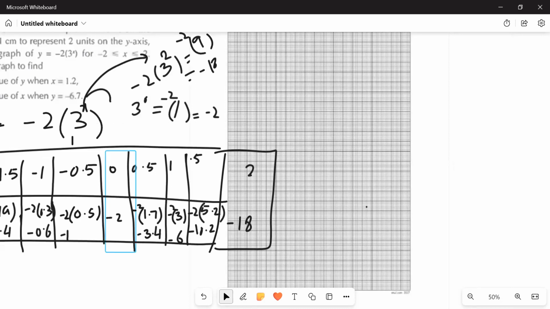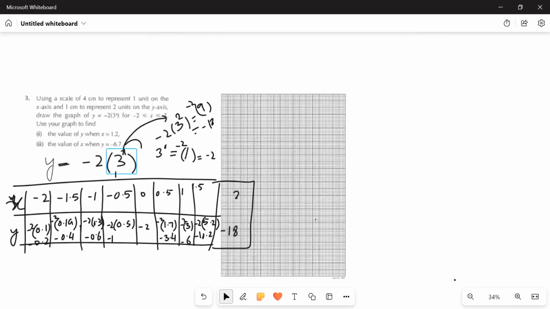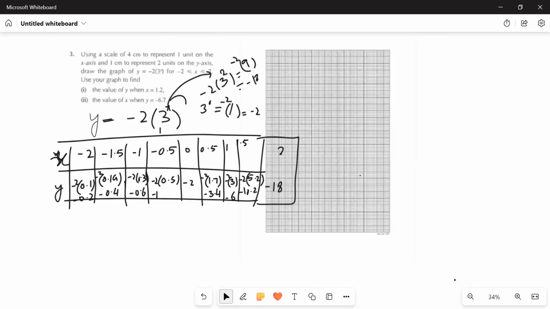Okay, so the points are here. We have, for 2 it is 18. I'm erasing this here.